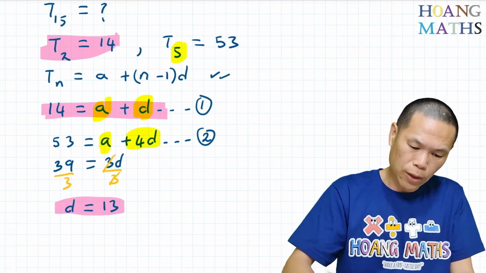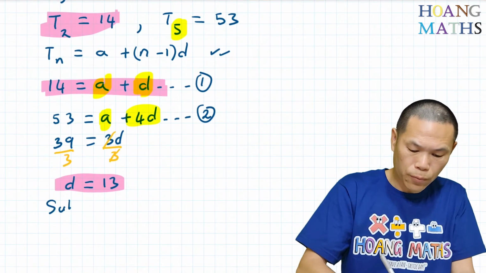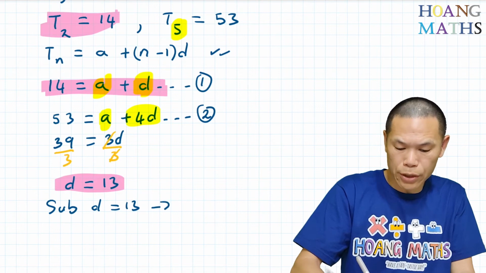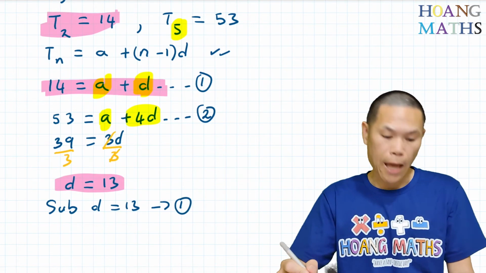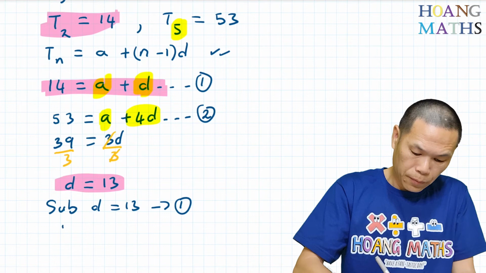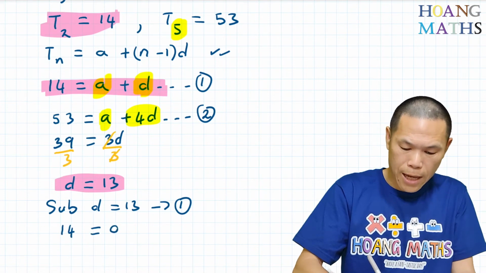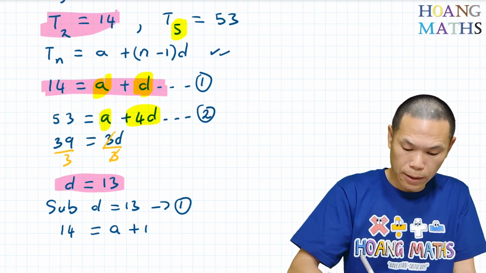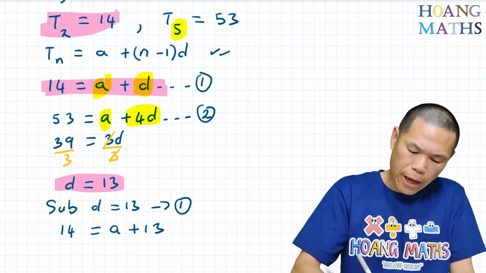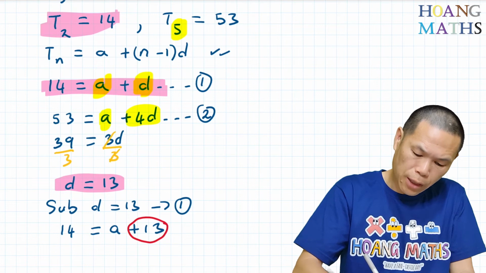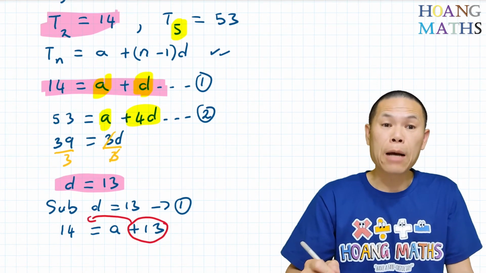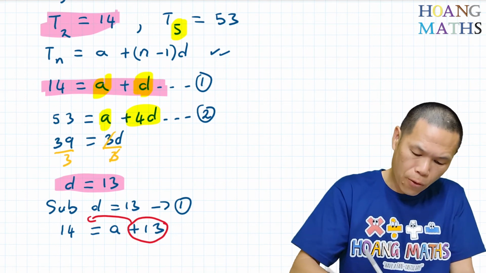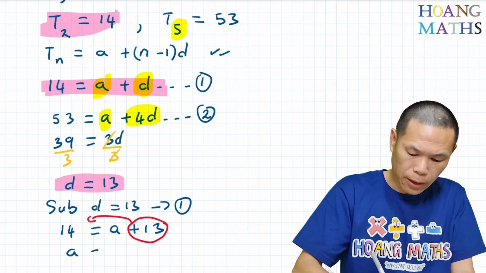So this means that 14 is equal to a plus d, and d is 13, so plus 13. Now I move this to this side, so that becomes 14 minus 13. So the answer is 1. Therefore, a is equal to 1.